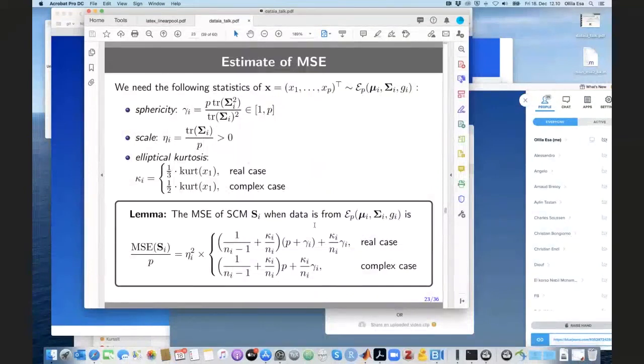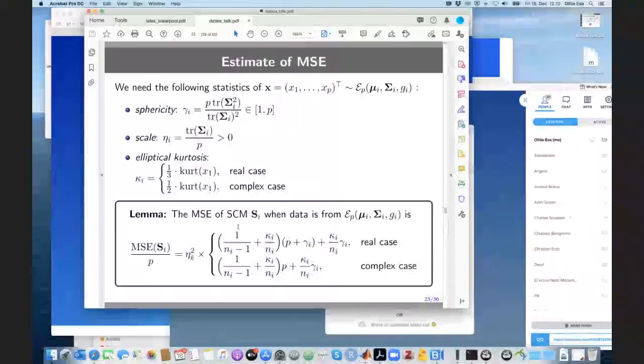So what we show, in our previous work, we already showed the real valued case, and we can easily derive the complex case also. And as you can see, the mean squared error depends only on these 3 parameters: the kurtosis, the sphericity, and the scale. And the scale is here as a multiplier of this other term.